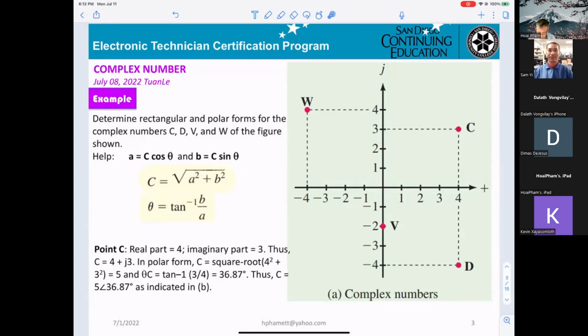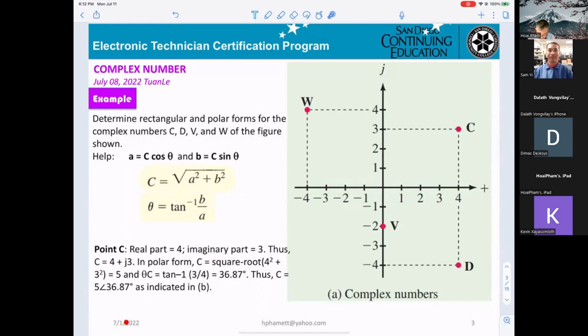So the first thing, they give you an example. Part C first. That means in here the real part will be 4, and J will be 3. That's what they tell you: real part 4, imaginary part 3. So you can get C equals 4 plus J3.